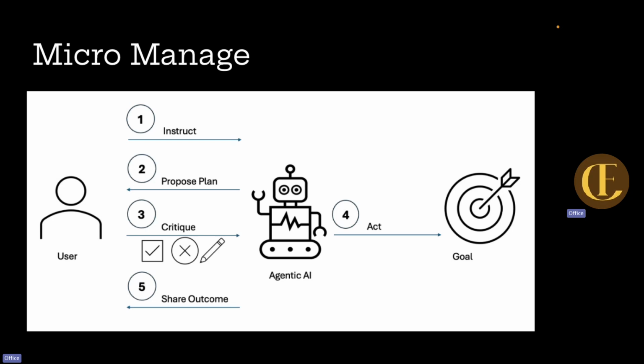Now there are different ways in which we can relinquish control to agents. As we keep making progress on the agentic AI side, we are going to keep giving more and more responsibility to the agents. How much do we give them? That is not a question which can be easily answered.